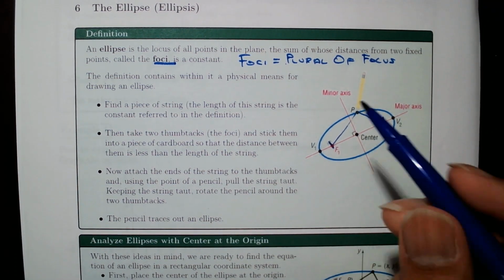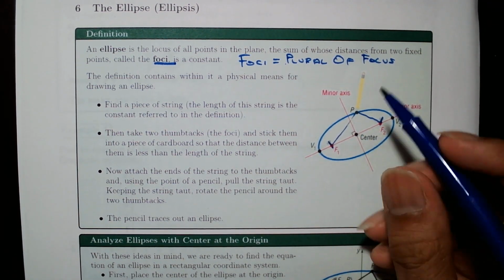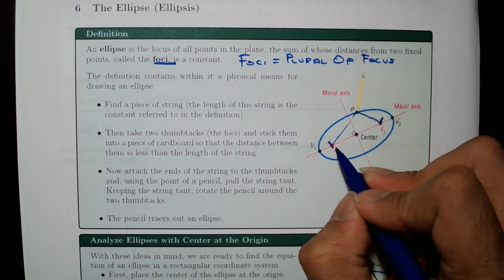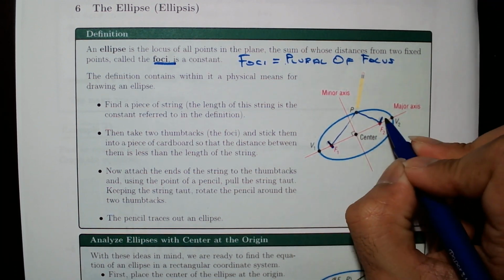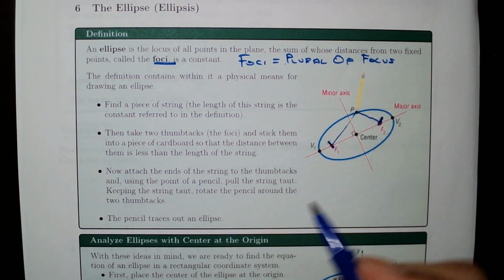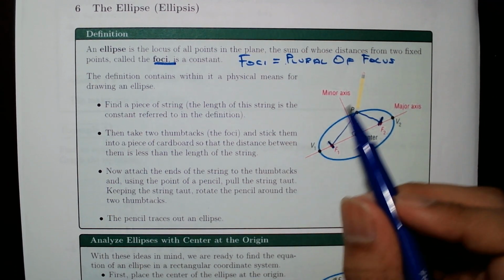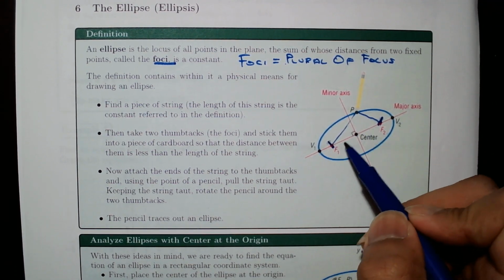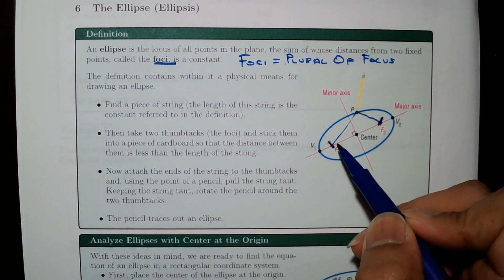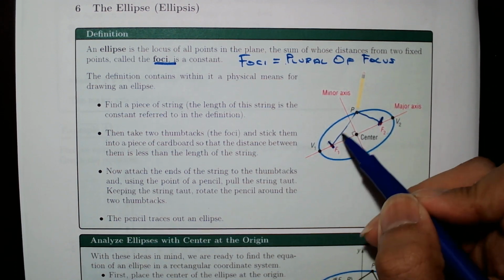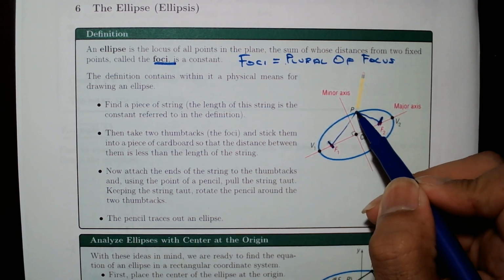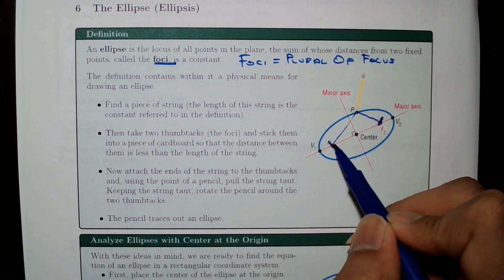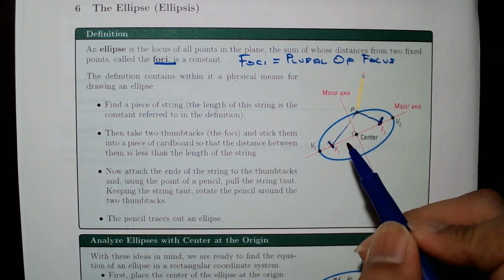see how we can draw an ellipse. So if we take two thumbtacks, you can put them right here with a hammer, and then take a piece of string, being sure that the string's length is larger than the distance between the two thumbtacks.